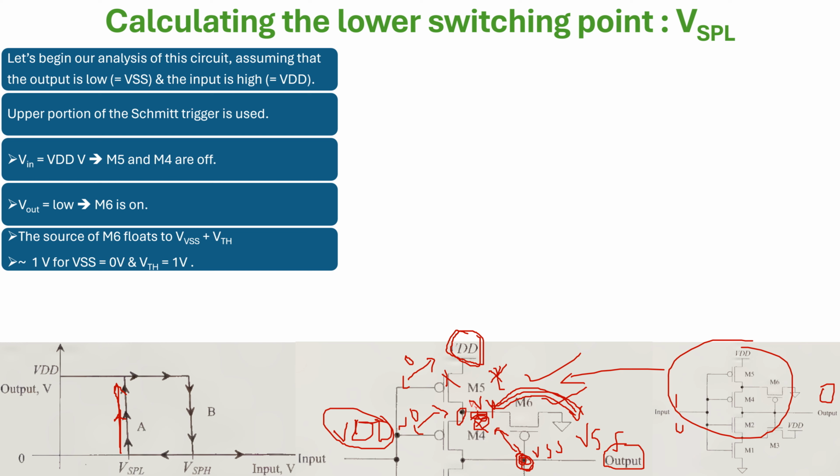So it will pull it down only up to the VTH value. After that it will turn off, because VSG is lesser than or equal to VTH. M6 will turn off by itself the moment VY touches the VTH value of M6. So now M6 is turned off, M5 is turned off, M4 is turned off. Of course, this VY node is floating, but the voltage at that node is VTH of M6.